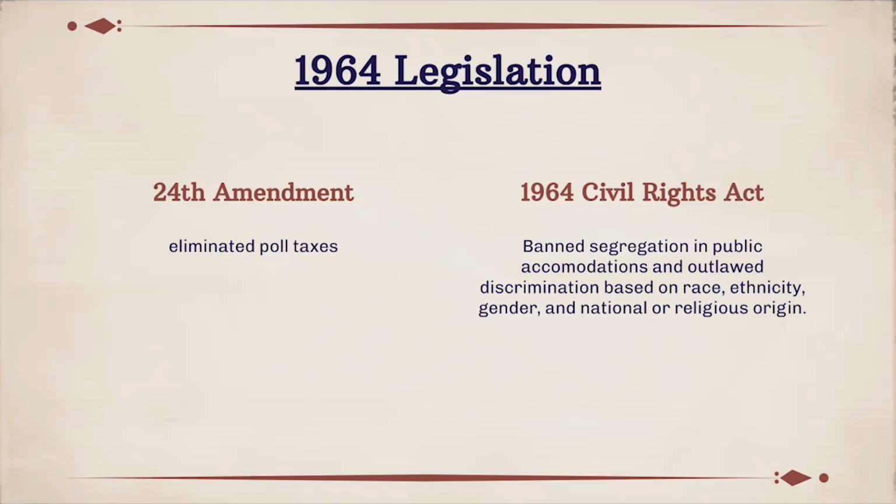But the Civil Rights Act of 1964 helps way more than just Black Americans, right? Because it includes race, ethnicity, gender, national, or religious origin. So there are a lot of people who are actively fighting for civil rights and for equality at this point in time. The women's rights movement never stopped, and the civil rights movement continues on.